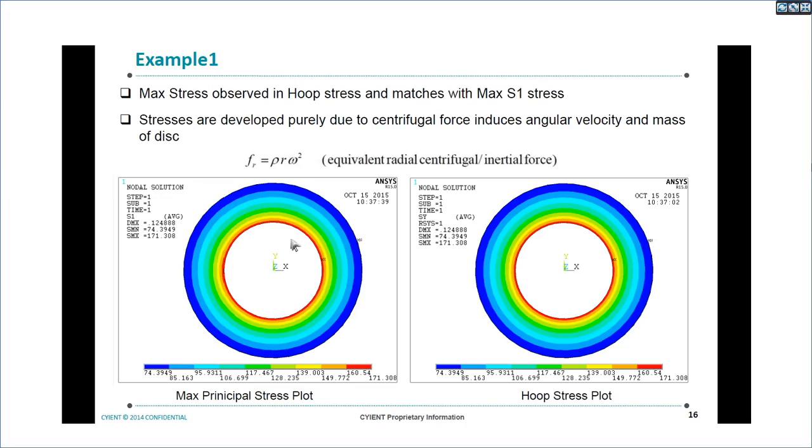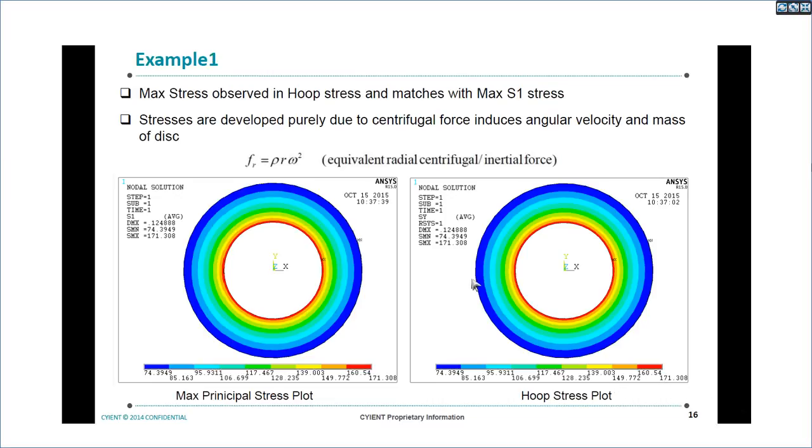Even in the stress plot, these stresses, like S1 as well as hoop stress, which is stress in the circumferential direction, are caused mainly due to centrifugal force, and we are not seeing any inaccuracies here. The stresses are accurate and very uniform throughout 360 degrees. And both stresses are the same.